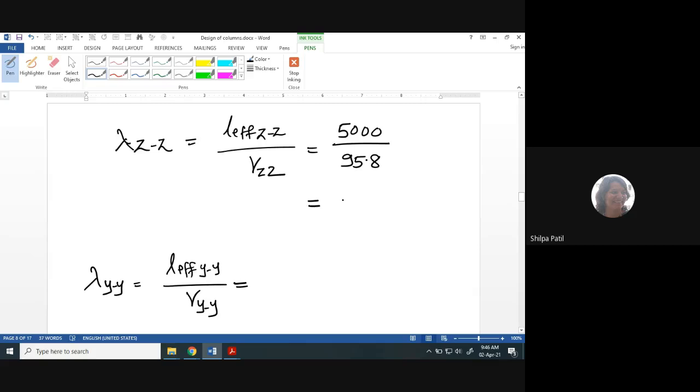I have to complete the concept of built up column also. 52.19. And here the lambda y is L effective 2500 divided by R y, which was 48.4. So what is this value? 51.65.